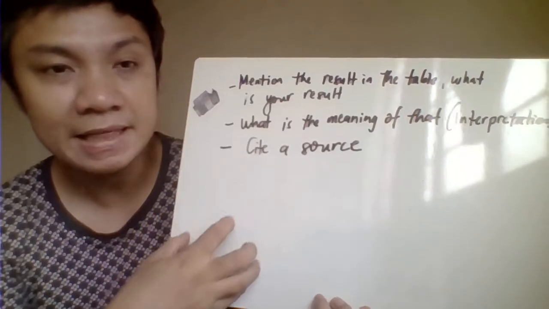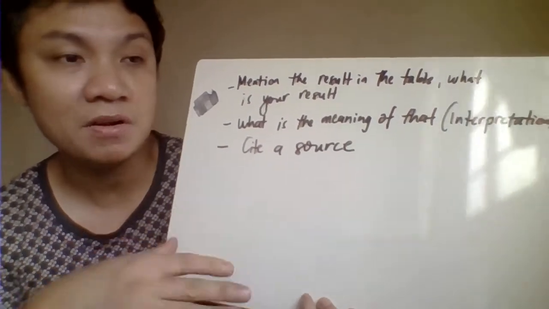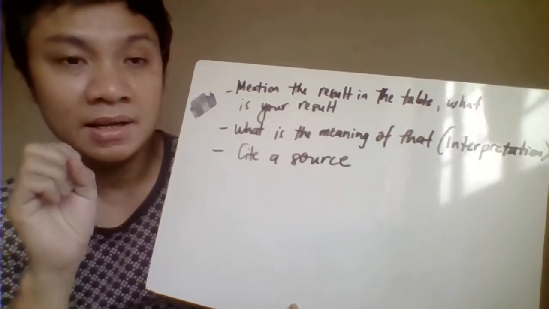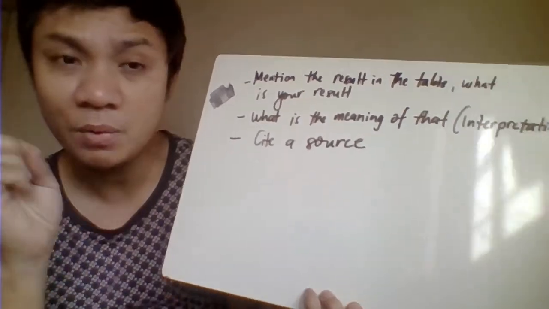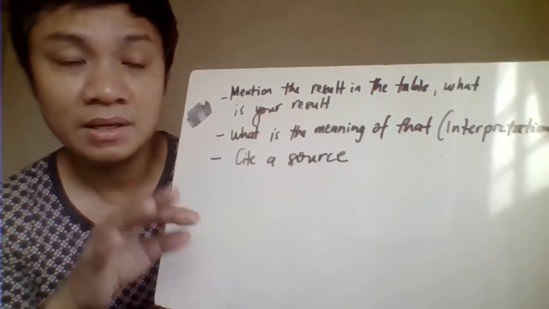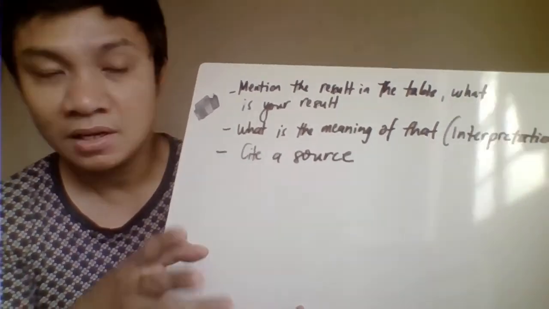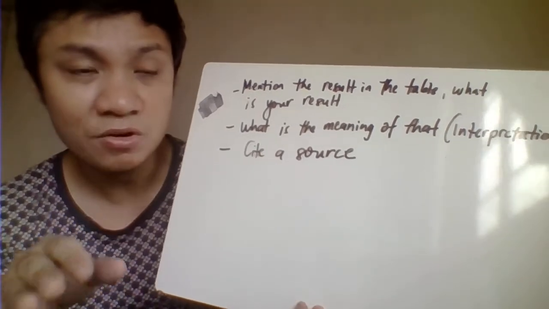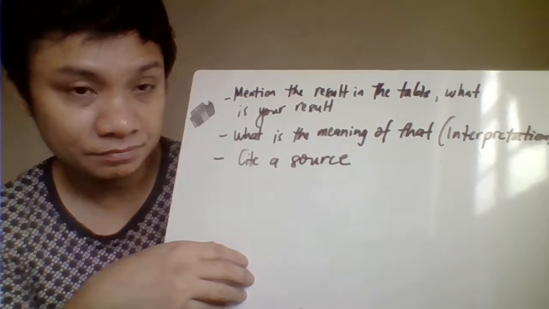So this should always be seen in your discussion below your table or even above your table. Number one, mention what is being presented in the table. Second, what the meaning of that result is. And very important, you need to cite a reference. You should not present your result without a reference.